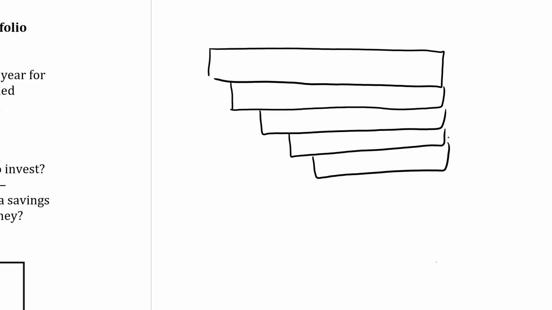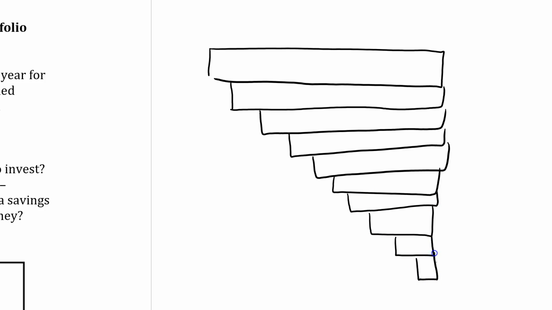Okay, let's go all the way down to 10. This is the 6th one, this is the 7th one, this is the 8th one, this is the 9th one, and this is the 10th one.